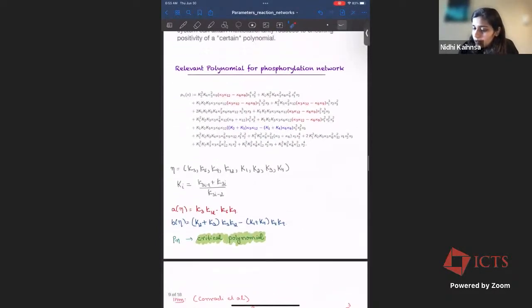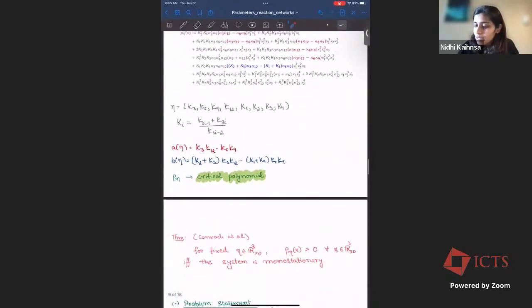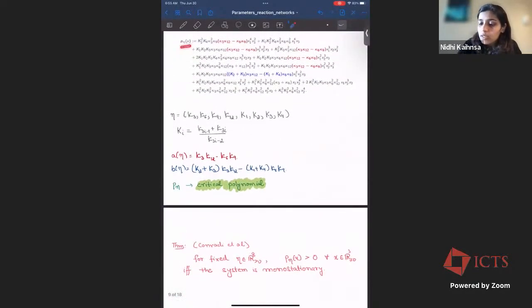I'll restate the problem statement here. The result of Conradi, Feliu, Mincheva, and Wiuf states that for fixed parameters, this polynomial, which we'll call the critical polynomial going forward, is positive for all x1, x2, and x3 if and only if the system is monostationary.